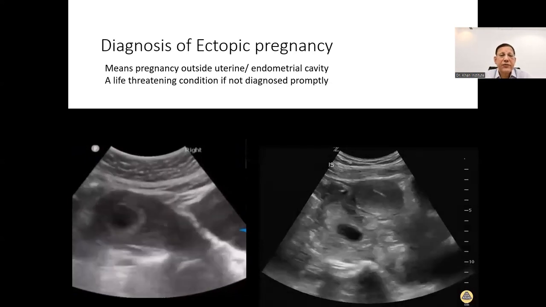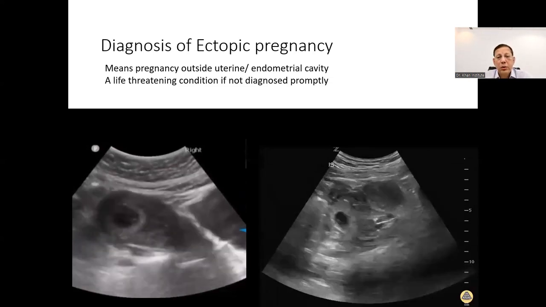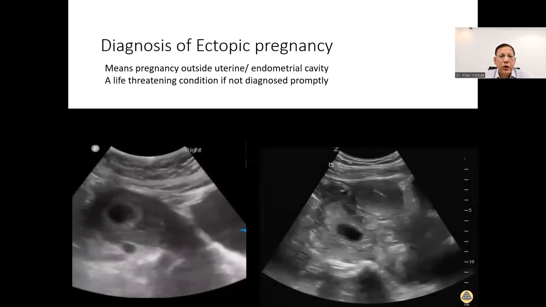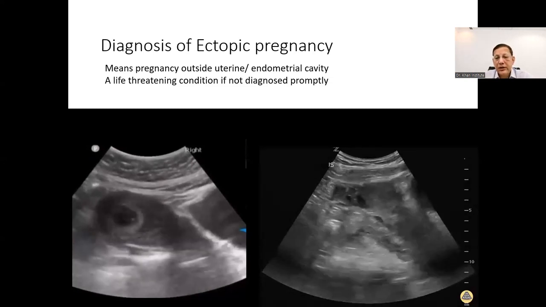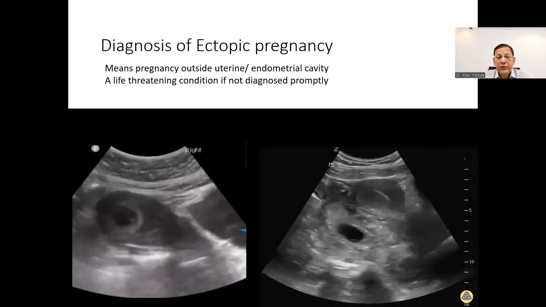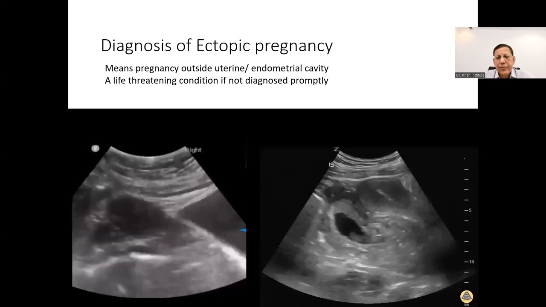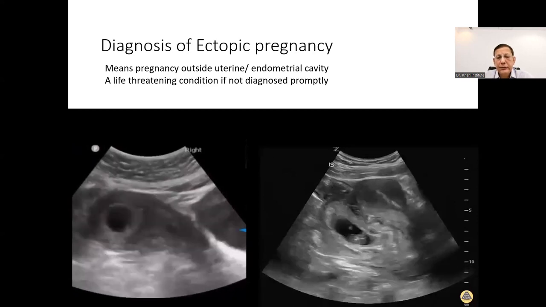So ultrasound is the first and best choice to rule out or include ectopic pregnancy. And as I told you, it won't take long to rupture, which is a severe life-threatening emergency, and the patient might be lost.